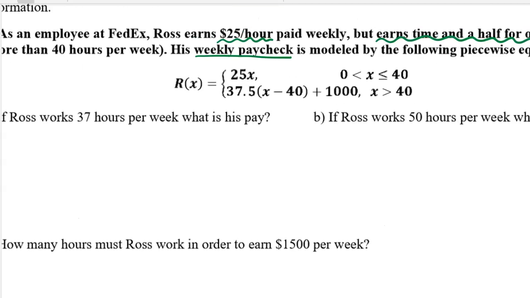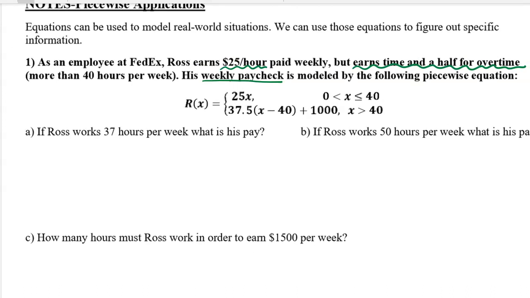So students, R of x represents what? Yeah, weekly paycheck. That means money, right guys? X in this question represents what? The hours worked. Yes or no?